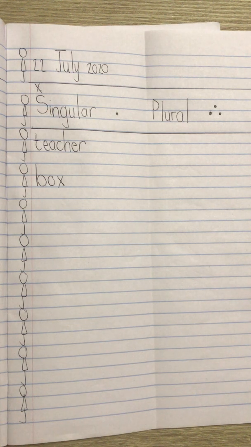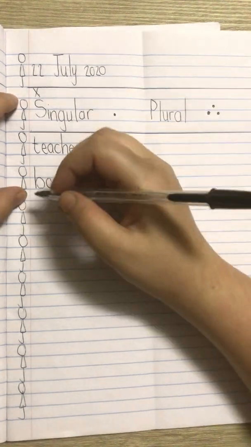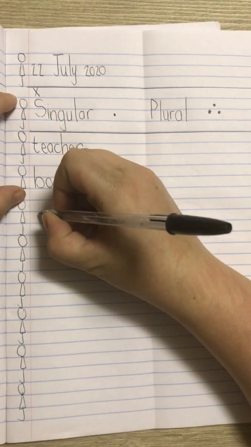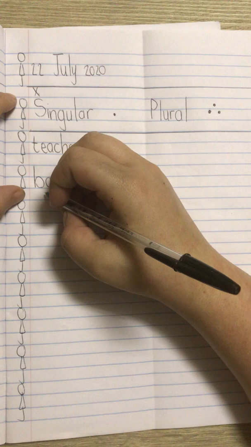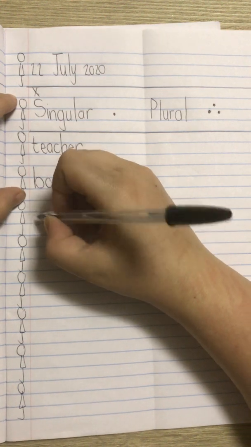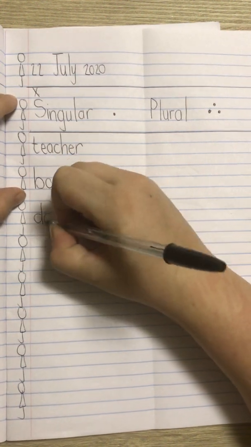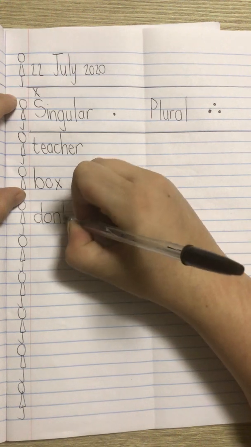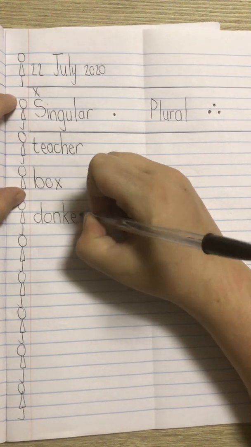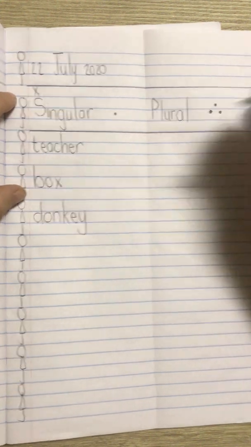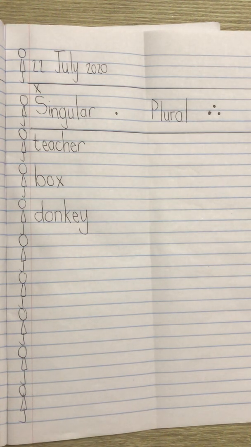And also remember, if there's a y with a consonant in front of it, it doesn't just get an S. The y changes to an I-E. You have to remember that.